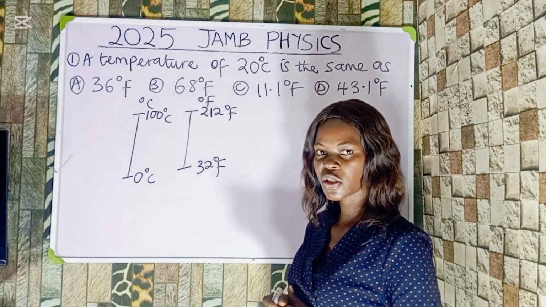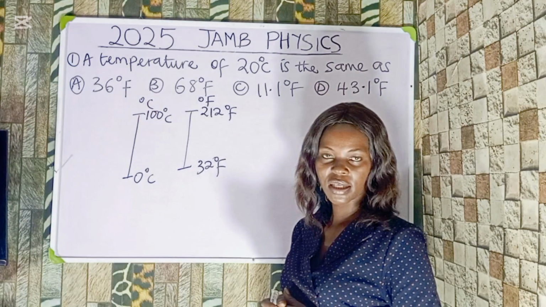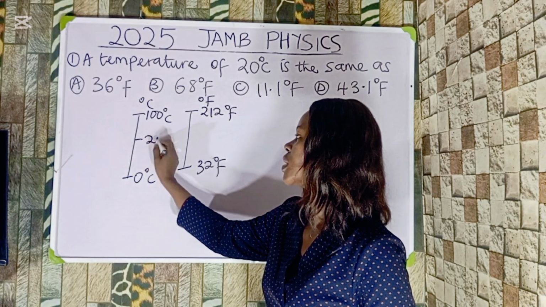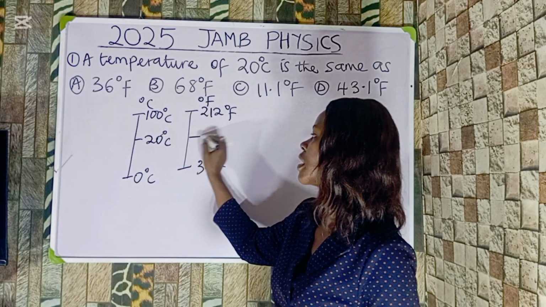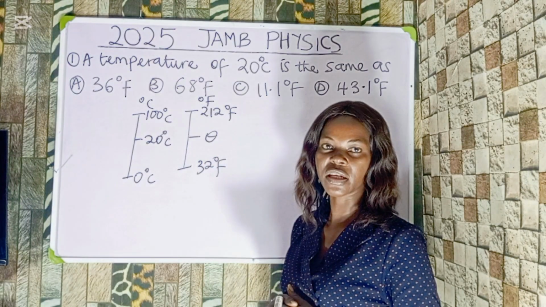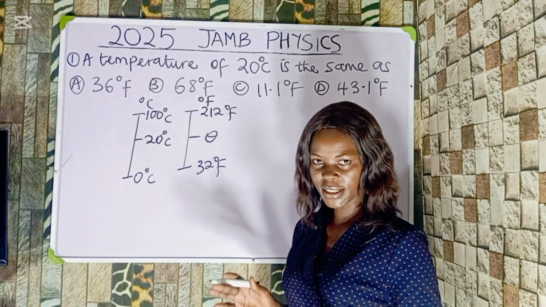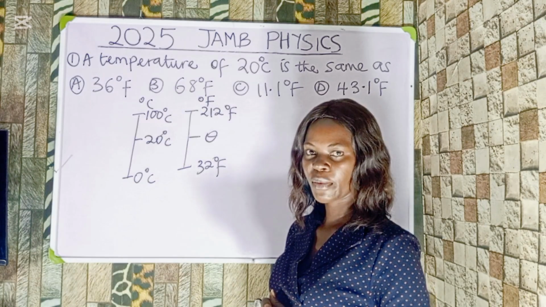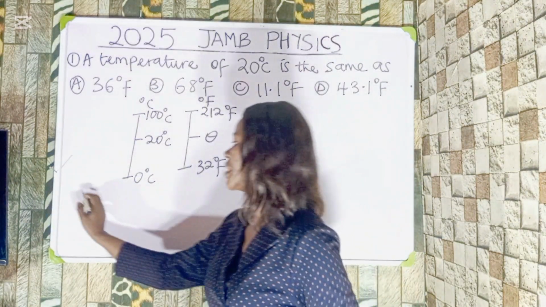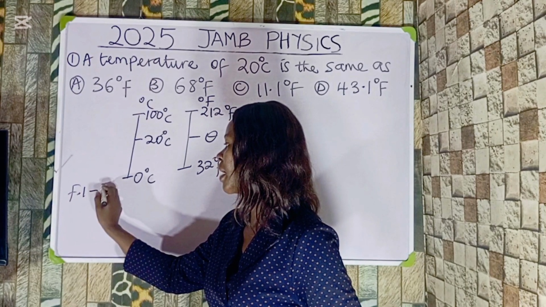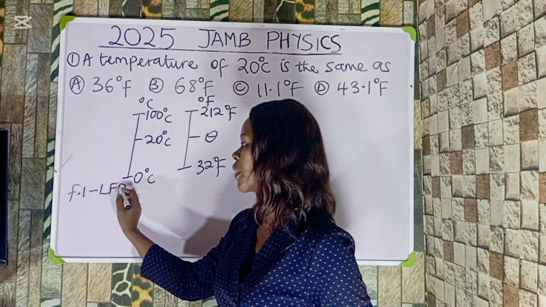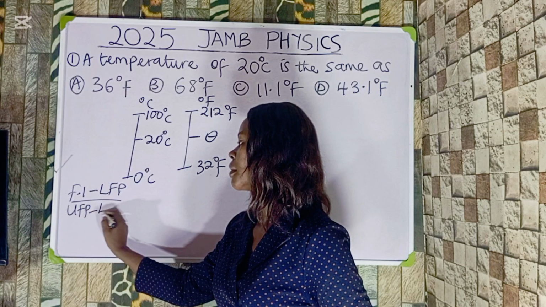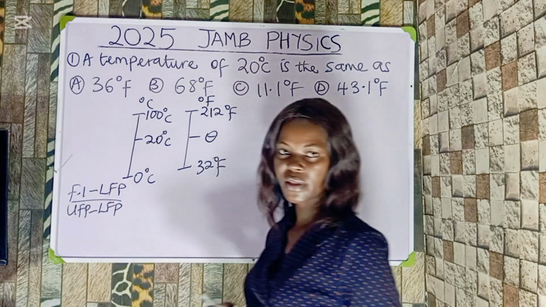Now going back to the question, we are given the fundamental interval of 20 degrees Celsius. So here is what? 20 degrees Celsius. So we are looking for the equivalent of this temperature in degree Fahrenheit. Is it clear now? So what we are going to do is to use our formula, and the formula is fundamental interval minus lower fixed point, now divided by upper fixed point minus lower fixed point.